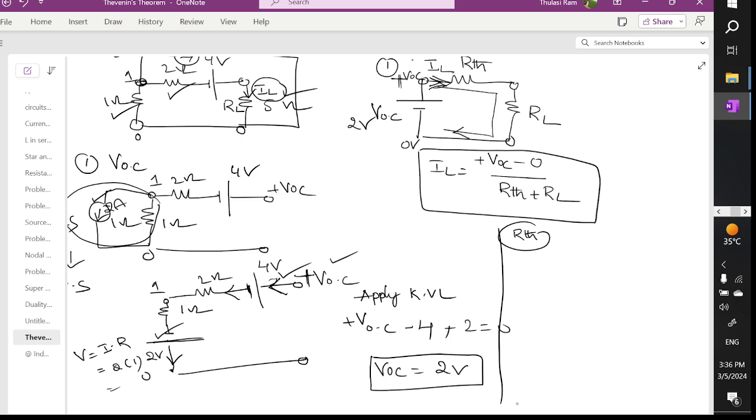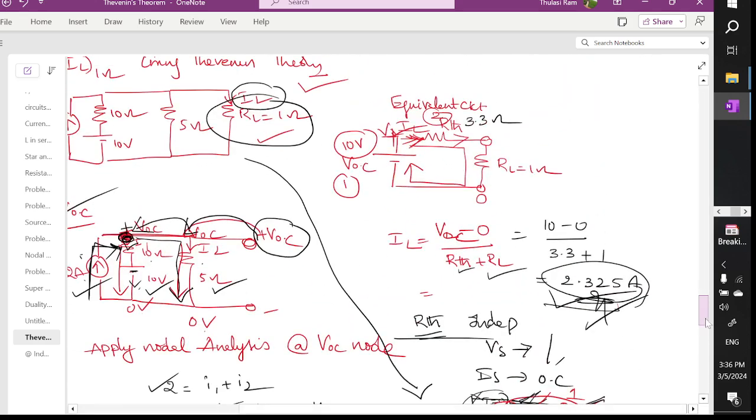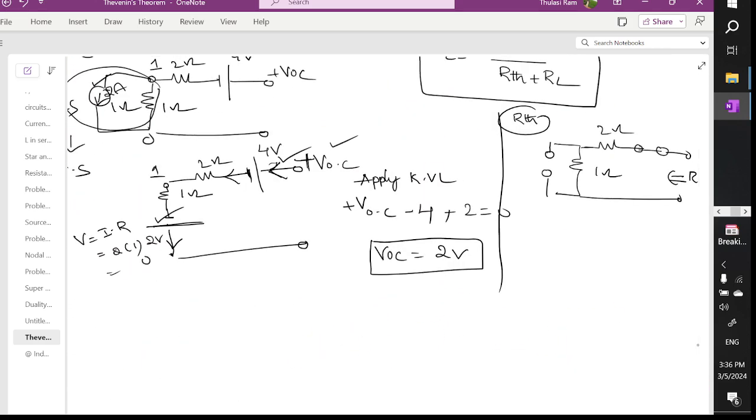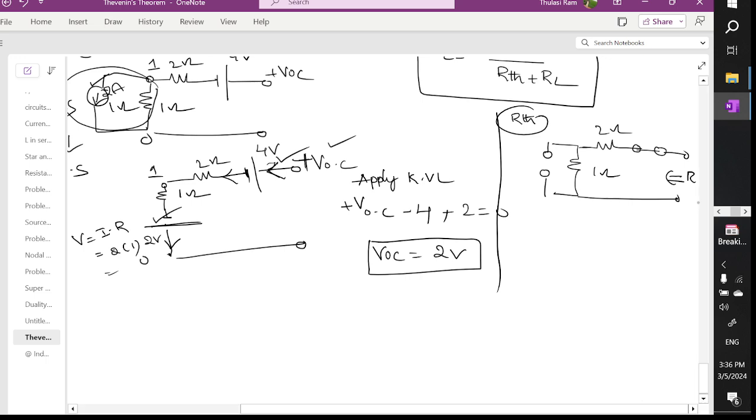What we can perform is, the current source is an independent source, so it is open circuited, you have a resistor of 1 ohm and a resistor of 2 ohm, and the voltage source is short circuited, and now this is R Thevenin.